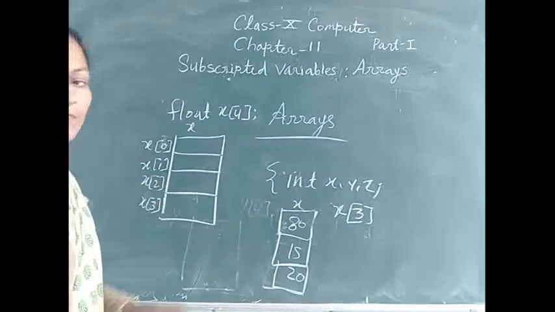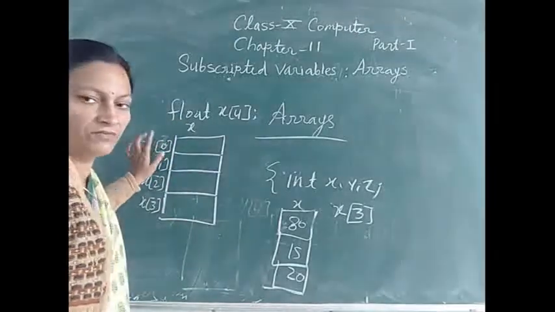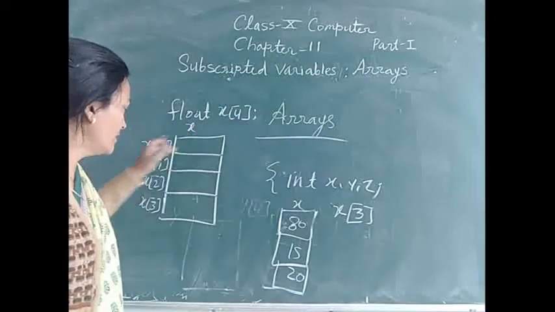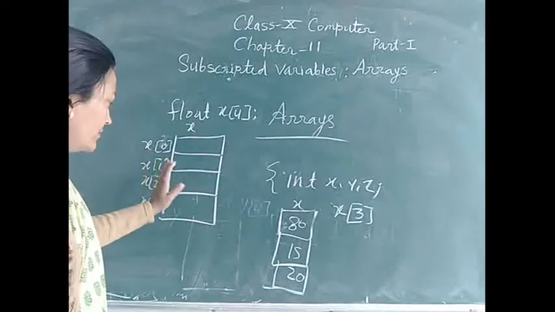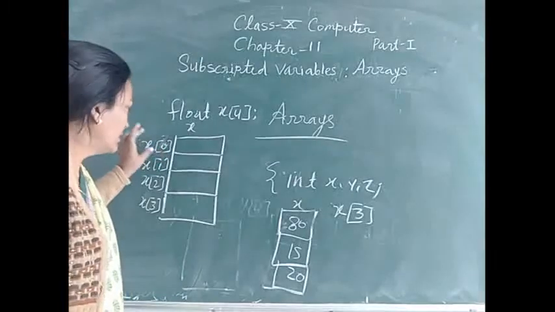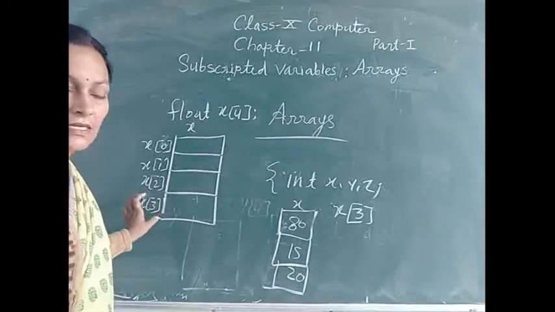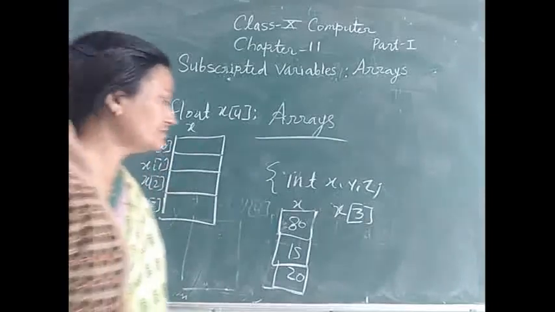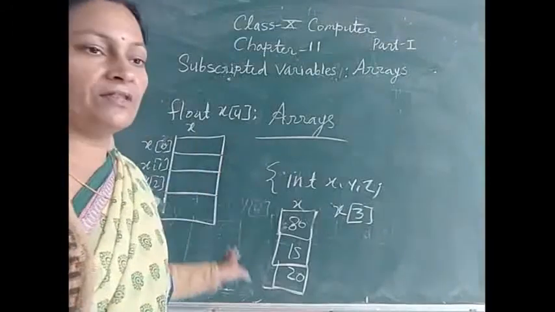The index number of x always starts with 0, and if the size is x[4], the locations are 0, 1, 2 and 3, and each index carries one location. These are the addresses of these index numbers, these cells. So we represent an array with size x[4].